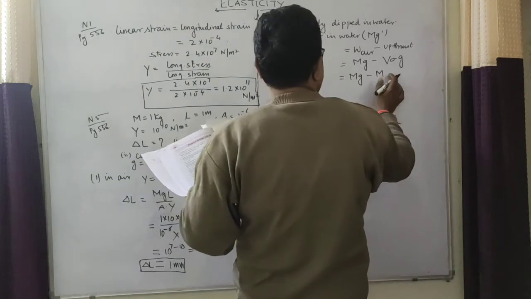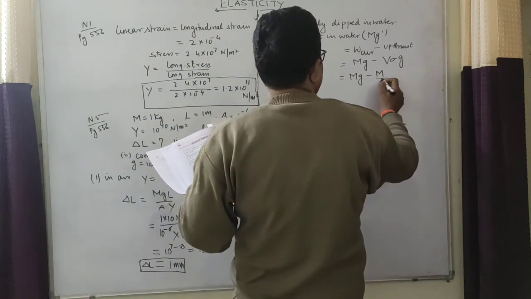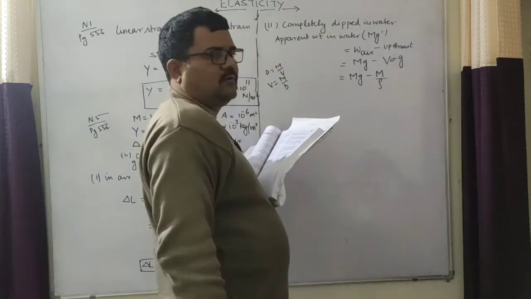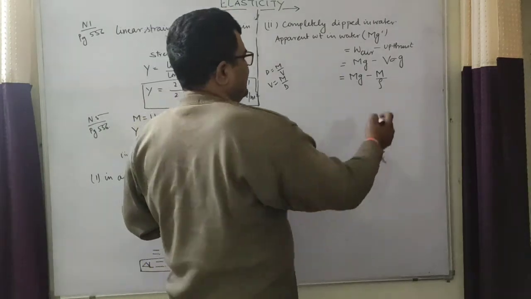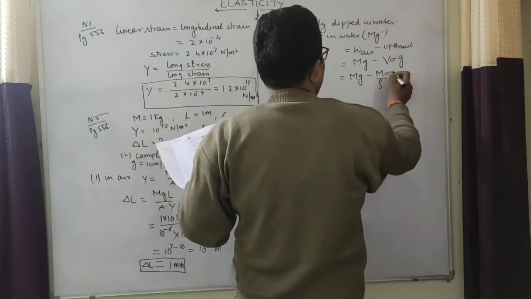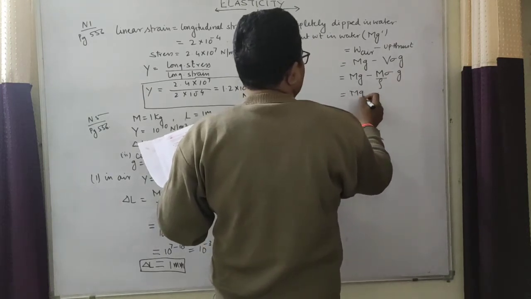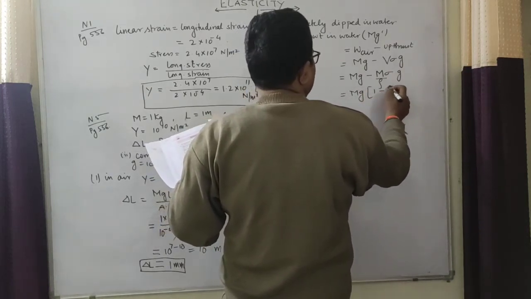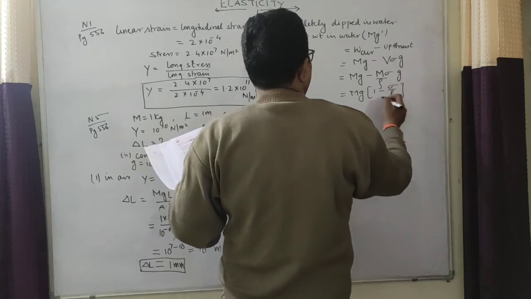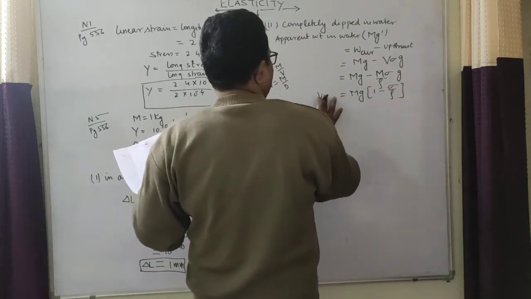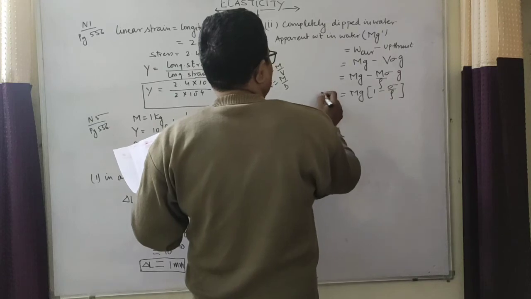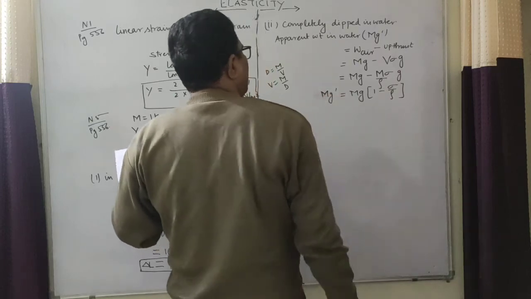Therefore, mass upon density of the substance, that is rho, density of the material of the wire, sigma into G. Now taking it as mg times 1 minus sigma by rho. This is apparent weight. What is the need? That I will tell you.